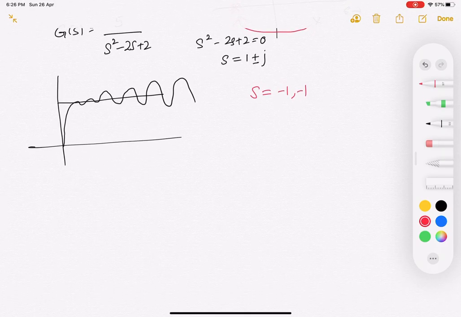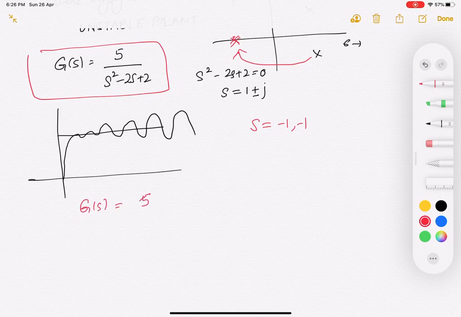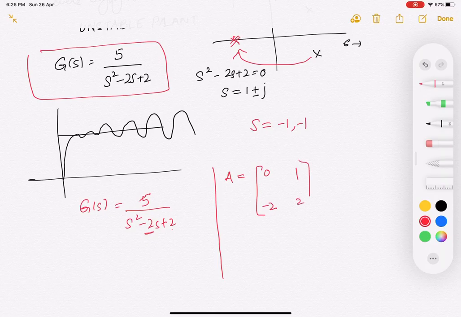Now, if you look at this plant, what we can do is to write down the state space representation of this plant. So if you have G(s) equal to 5 divided by s square minus 2s plus 2, you can quickly write down the state space representation in the controllable canonical form as this: A is equal to 0, 1, and then you have this minus 2 coming here and this 2 coming here with a minus sign.